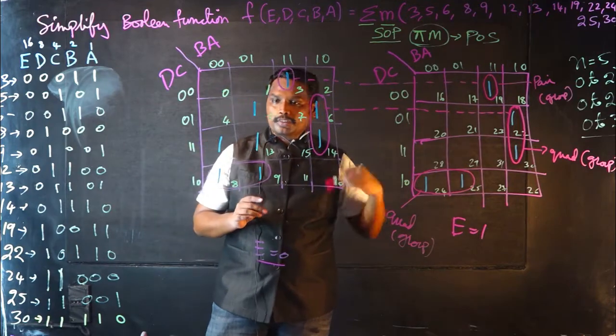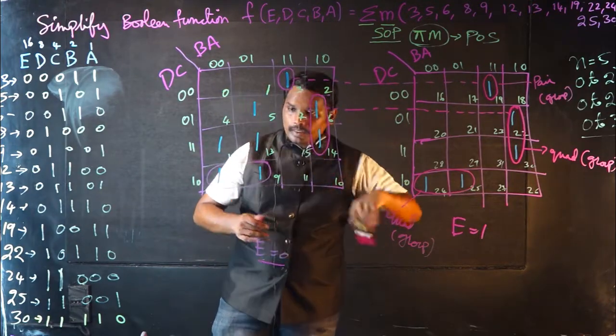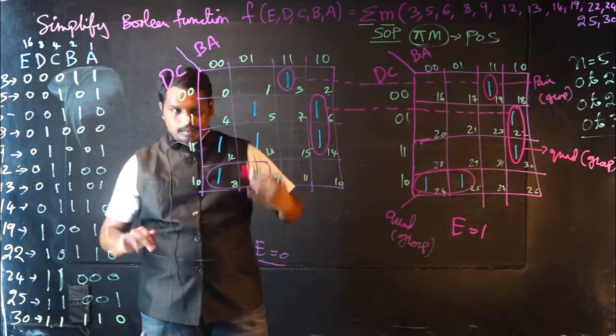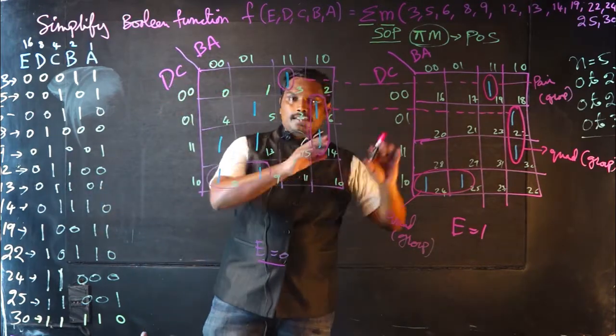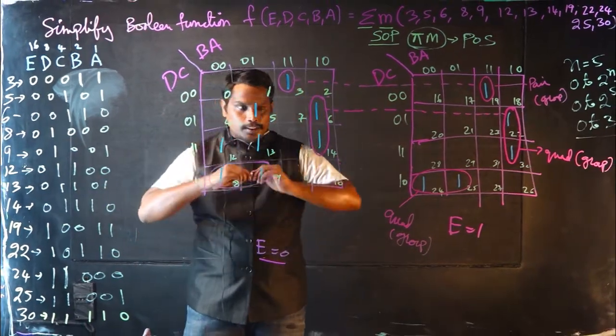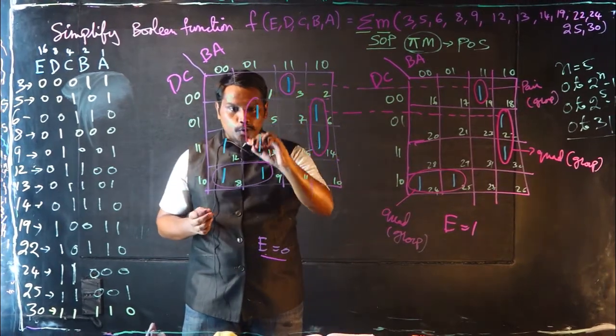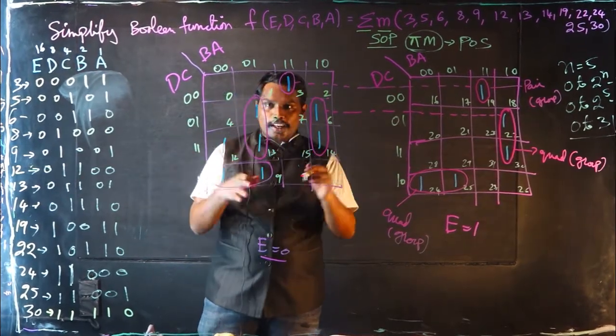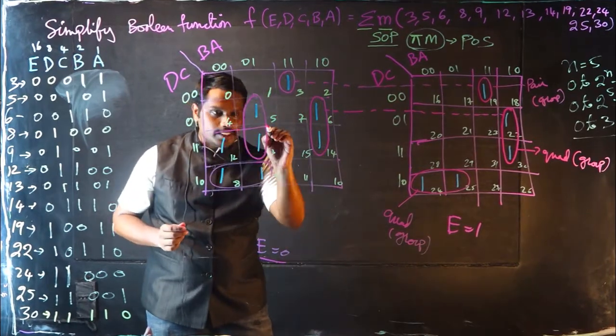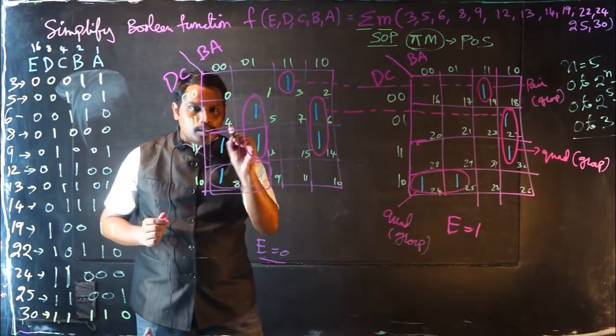And now coming to the next one, you can see that here this is completed. Here these ones are there. You can make this a group in only the E is equal to 0 Karnaugh map, and this can be made a quad.